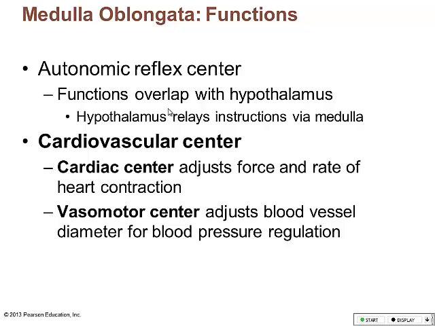So these are areas that are going to send that information up for processing in the cerebral cortex. So not only does that interneuron hand information to motor to cause an effect, but it also hands off information for processing in the cerebral cortex. So this is where we see that overlap of function.